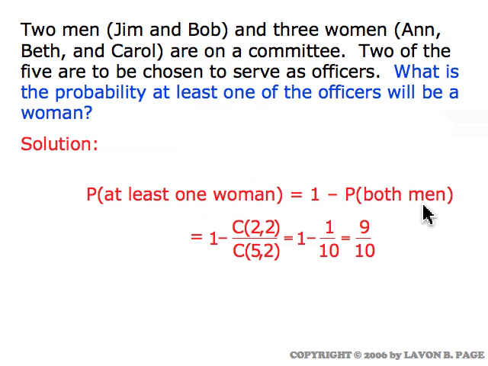The probability they're both men we can get by simply counting all the cases and dividing that into the number of cases where the 2 people chosen are from among the 2 men, which is just one of the 10 cases. So that's 1 over 10, 1 minus 1/10 is 9/10 as the probability that at least one is a woman.